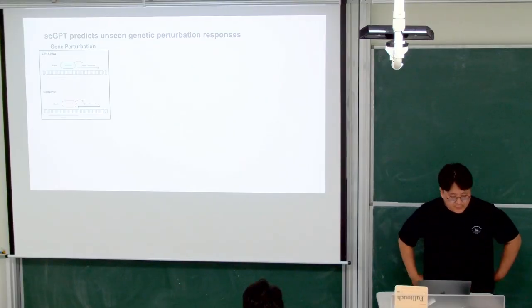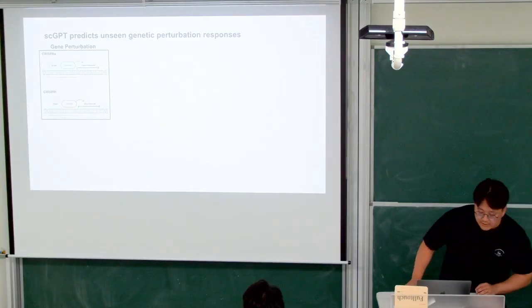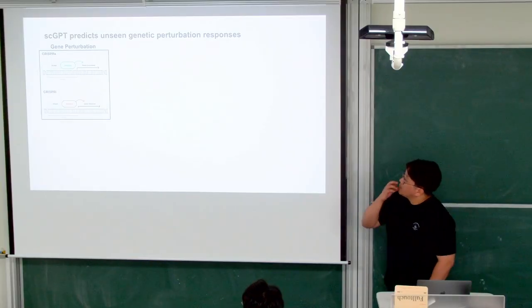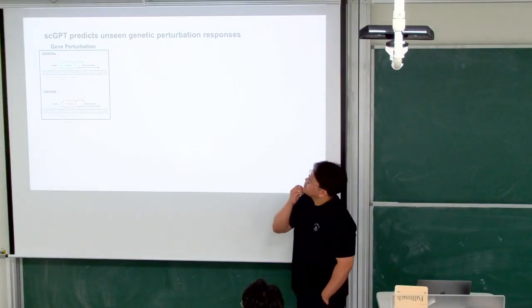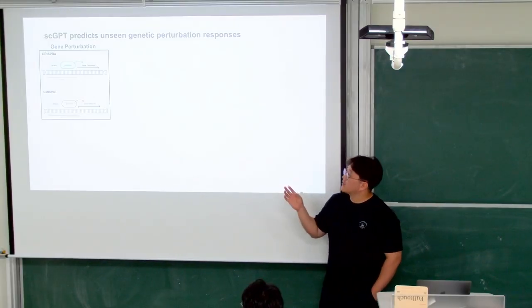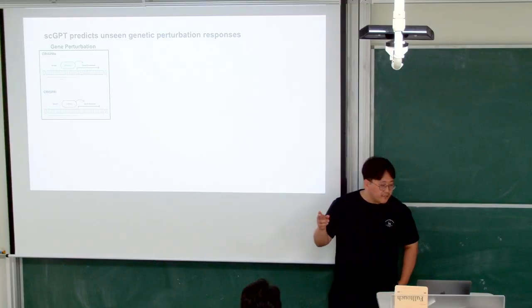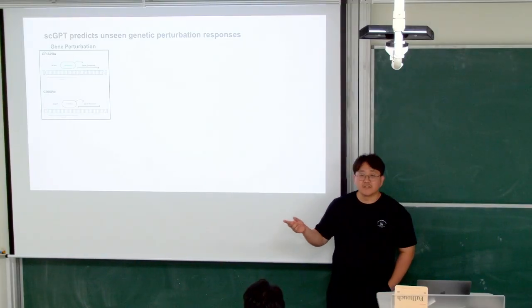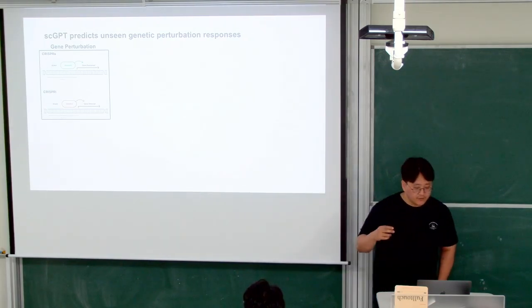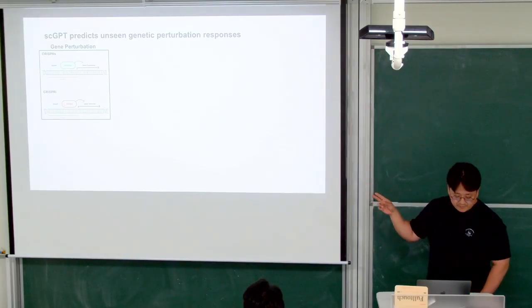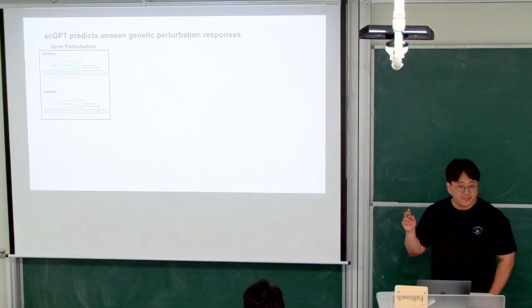Okay, so this is another application of scGPT. Using CRISPR technology, we can inhibit gene expression or activate gene expression, right? So we call this thing gene perturbation.